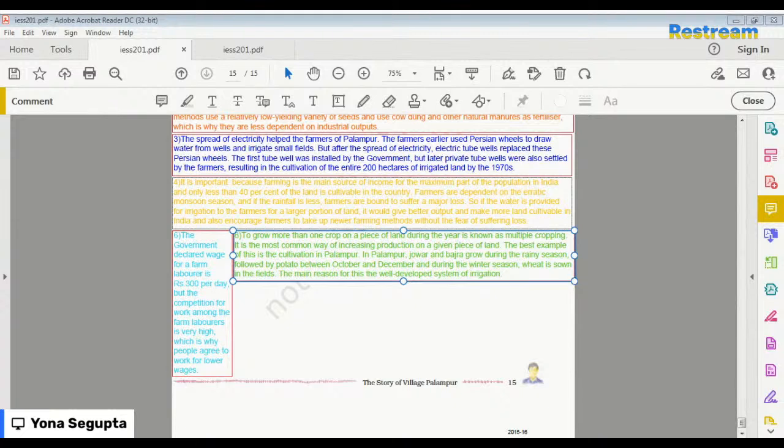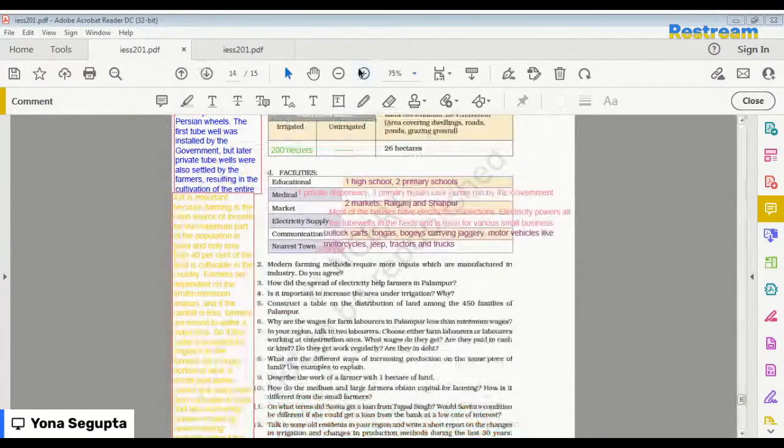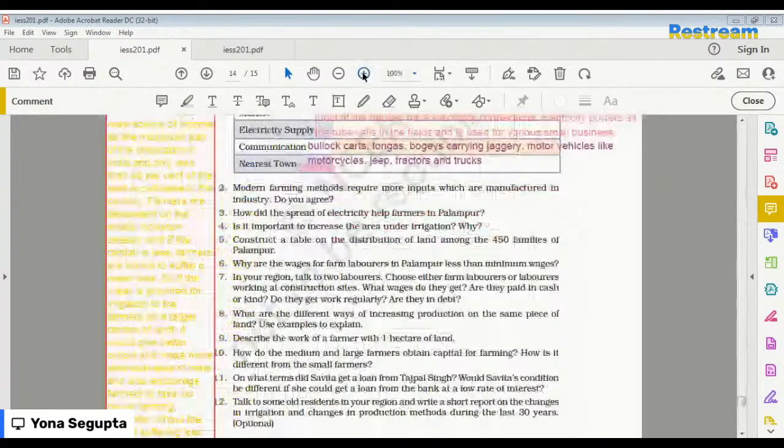The answer can be, a farmer with 1 hectare of land will be called a small farmer.